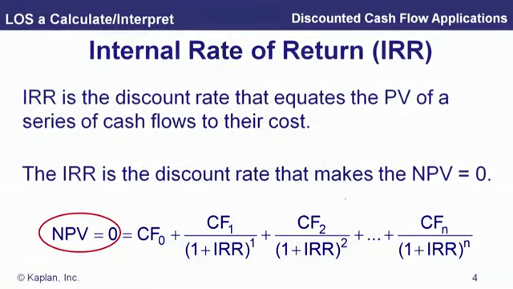Now, a related concept is the internal rate of return. You can see from the definition that this IRR is the discount rate that equates the present value of a series of cash flows to their cost. So I've set up the net present value equation here, and the IRR is the discount rate that's going to make that net present value zero.